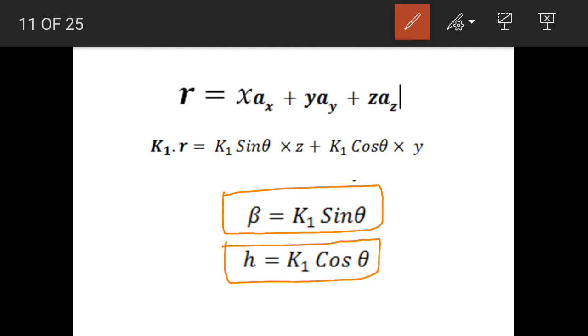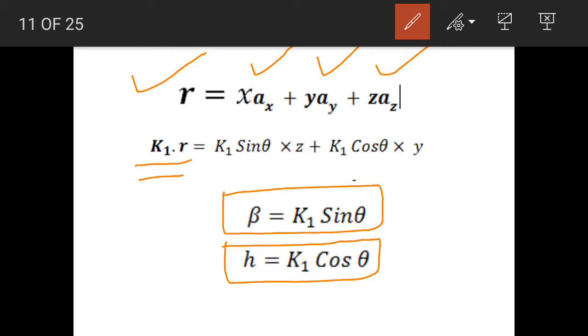We replace k1 sine theta by beta and k1 cos theta by h, and we consider a three-dimensional vector over here. This three-dimensional vector will have three components. Here is the component along x-axis, here is the component along y-axis, and here is the component along z-axis. And we take the scalar product of these two vectors.